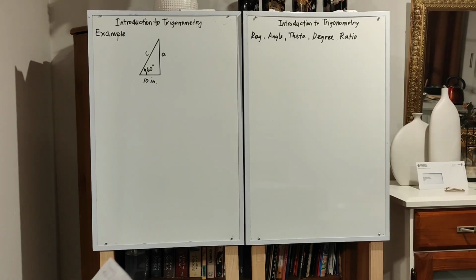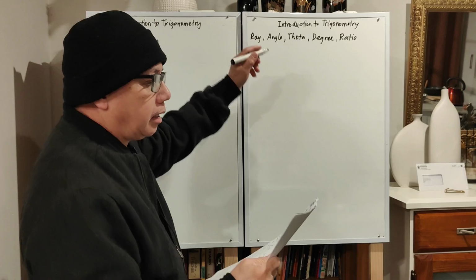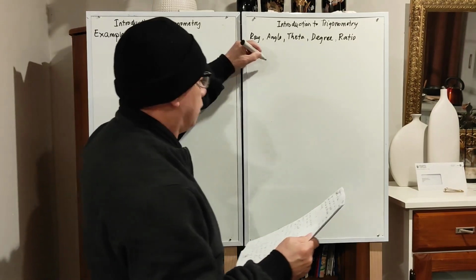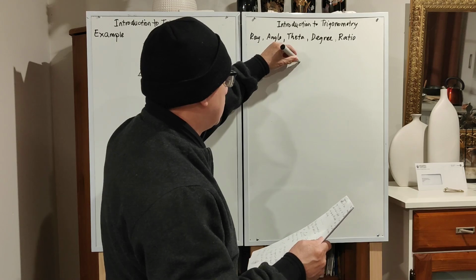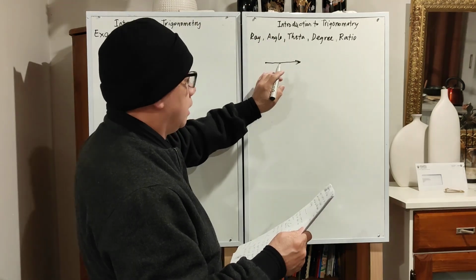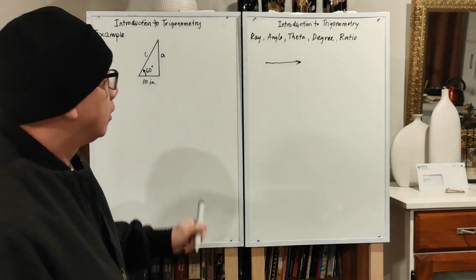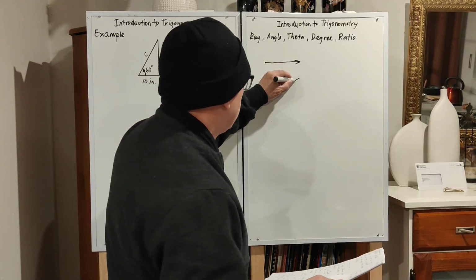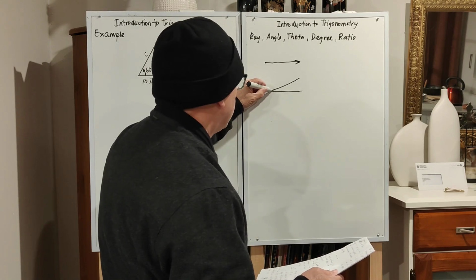Let us start with definition of terms. A ray is a part of a line where one end is a fixed point and the other extends infinitely in one direction. So this is a ray. Now an angle is formed if two rays have a common fixed point.